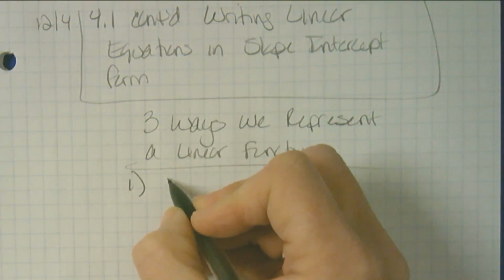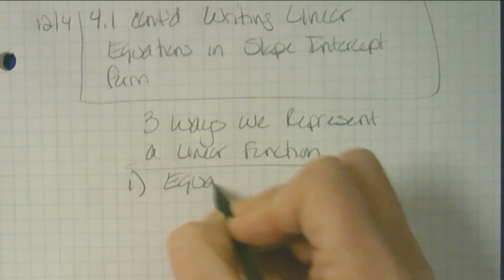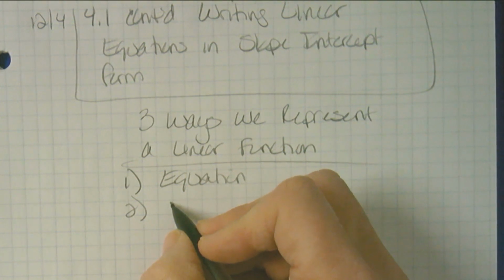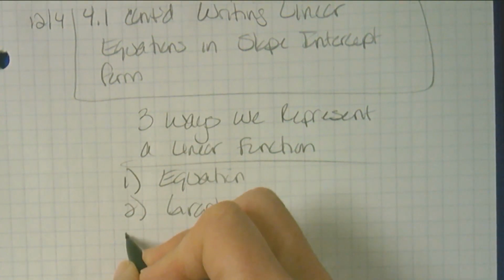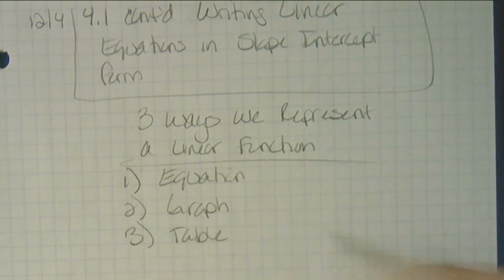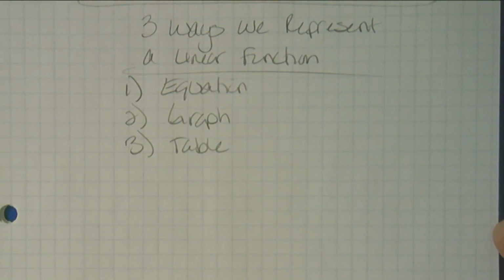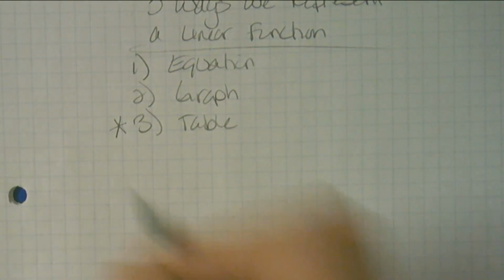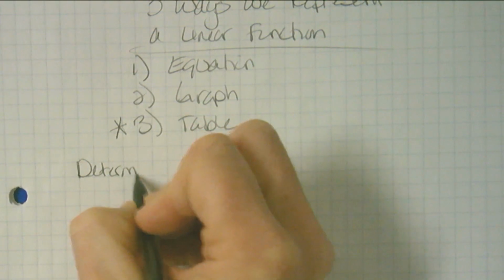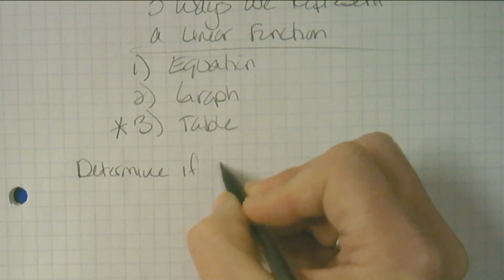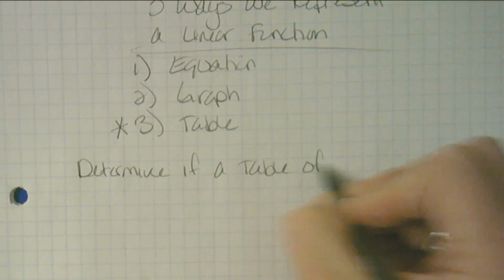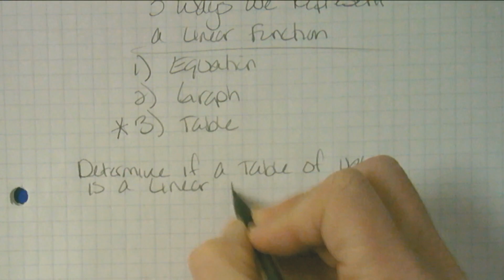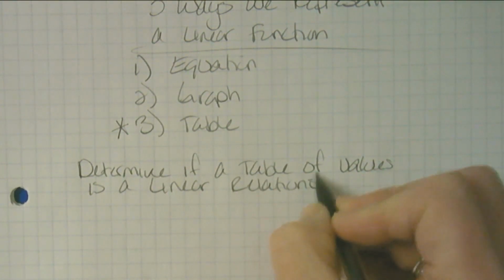The first way is from an equation. The second way is from a graph. And the third way is from a table. We're going to focus right now on how we determine if a table of values is a linear relationship.